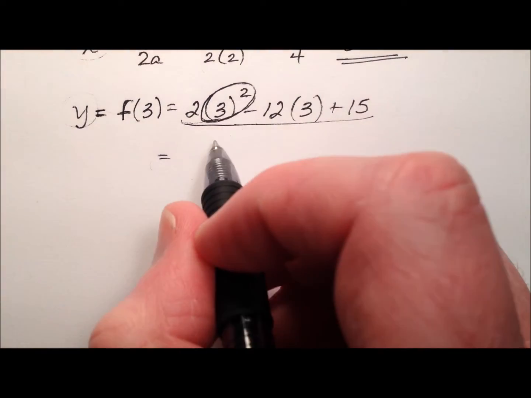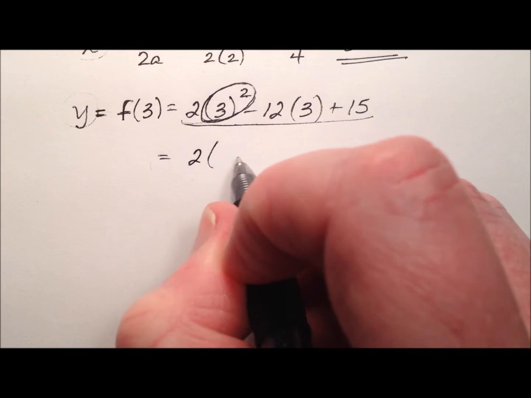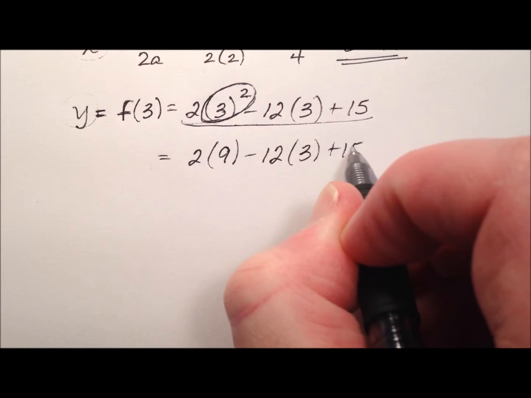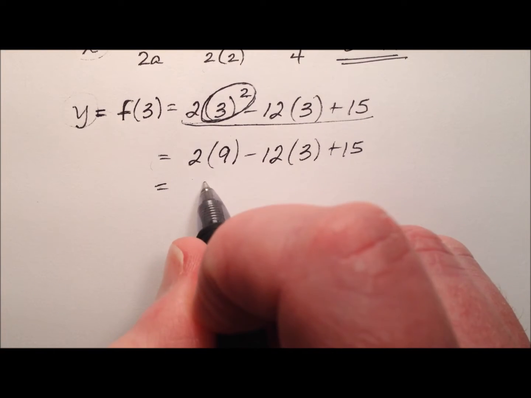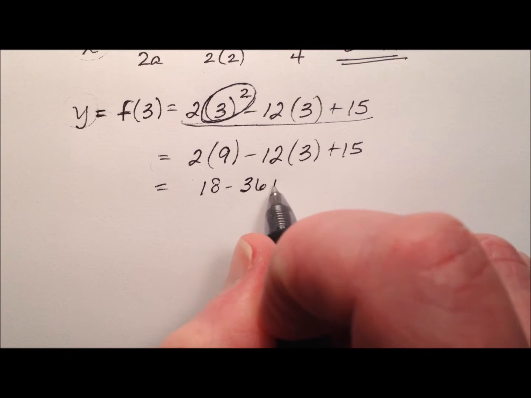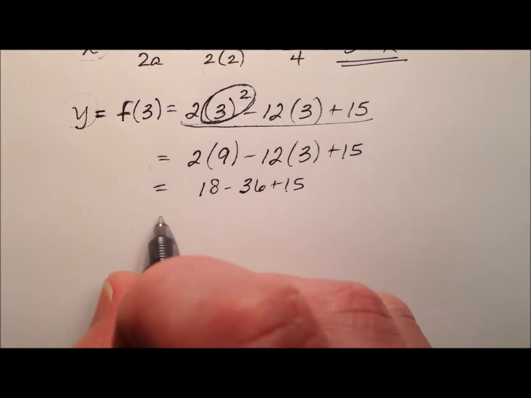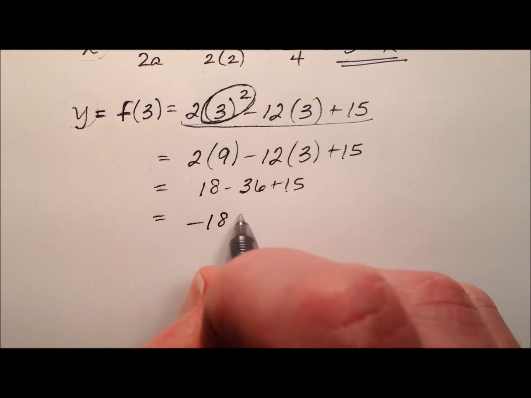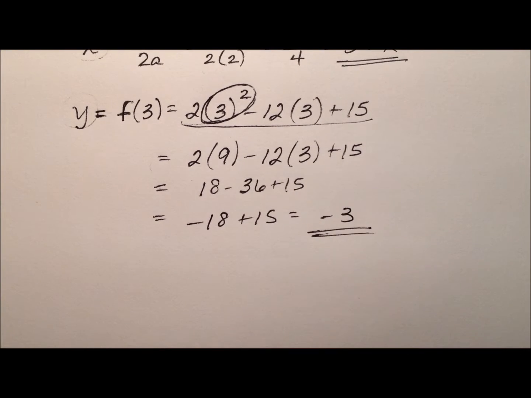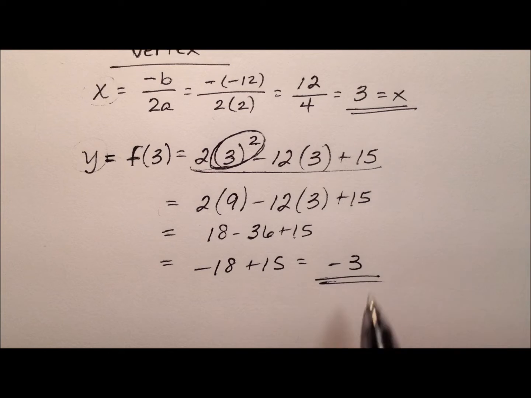So 3 squared is 9. 3 times 3, so 2 times 9 minus 12 times 3 plus 15. 2 times 9 is 18. 12 times 3 is 36, so we'll subtract those, plus 15. So it looks like we have negative 18 plus 15, which will be a nice negative 3. So this negative 3 will be our y value.